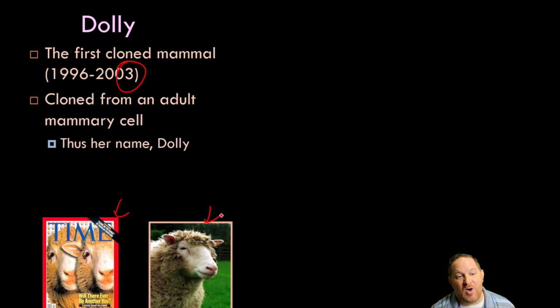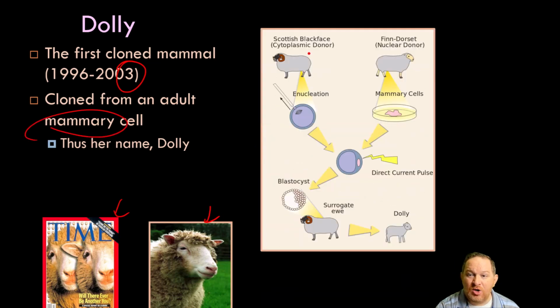What we did was we took an adult mammary cell from a sheep, and like I showed you before, we used two different sheep. Here is our nucleus donor. This is the one that's going to get cloned. So Dolly down here is a clone of this one. We took that mammary cell and took out the nucleus.